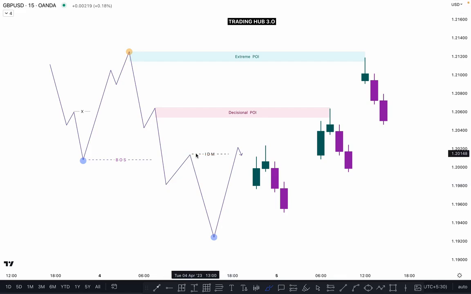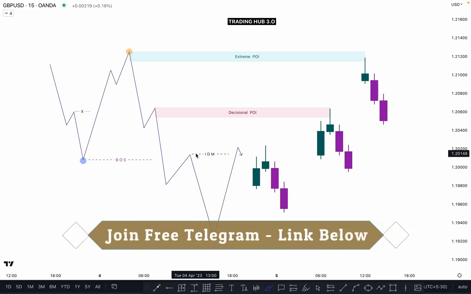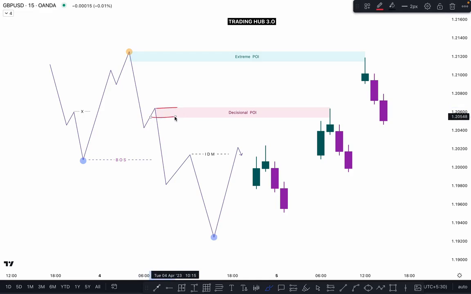So when the market takes out the high, you have two scenarios. First, after taking out the inducement, you have to wait for it to mitigate your first order block. Probably you can see an order block sometimes here. So it depends. If the market takes out the inducement and taps on your order block, this is called a decisional POI, a decisional order block, where you can take risk for the buy and sell.